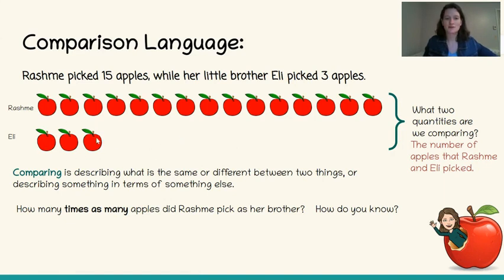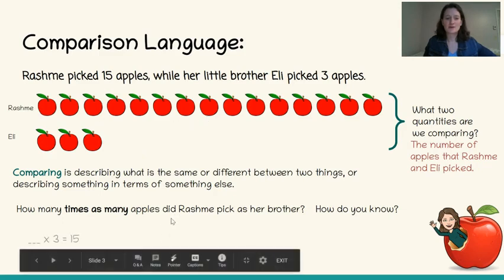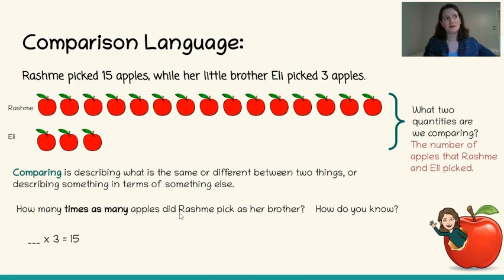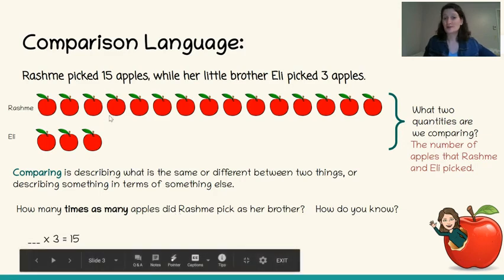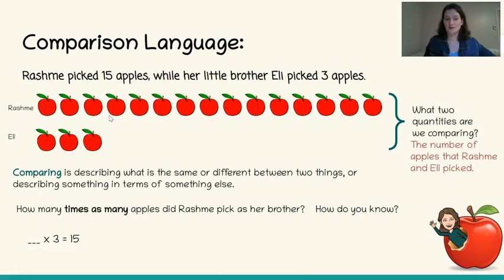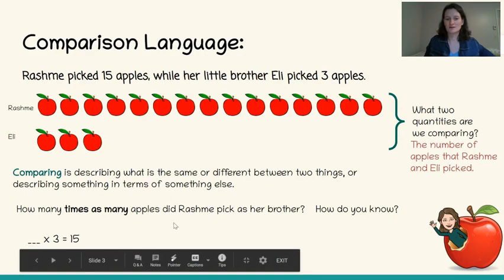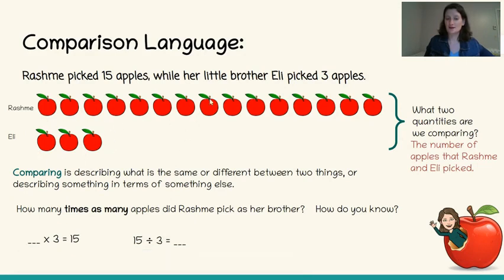So Eli picked 3. Rashmi picked 15. So we might think multiplication: something times 3 equals 15. Rashmi picked something times as many, okay? Or if we're thinking division, we would think, well, 15 divided by 3, or divided into groups of 3, will tell us how many times as many apples Rashmi picked.